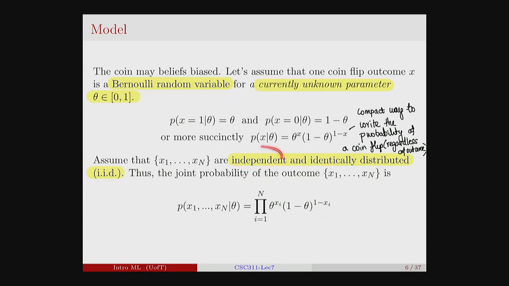They're independent because there is no relationship for the current draw with respect to anything that's been drawn before. They're identically distributed because we're making the assumption that they're all drawn from this same Bernoulli random variable. So this assumption IID means that each of the different instances, x1, x2, x3, all the way to xn, are drawn from the same distribution, in this case this Bernoulli model that we're posing, and they're going to be identically distributed.